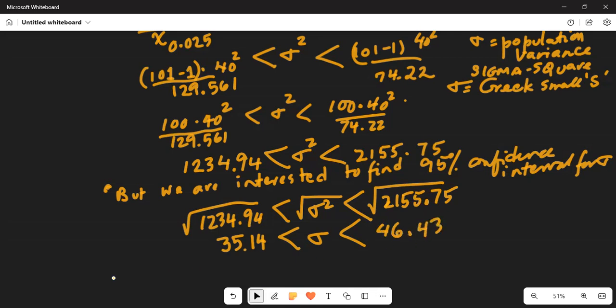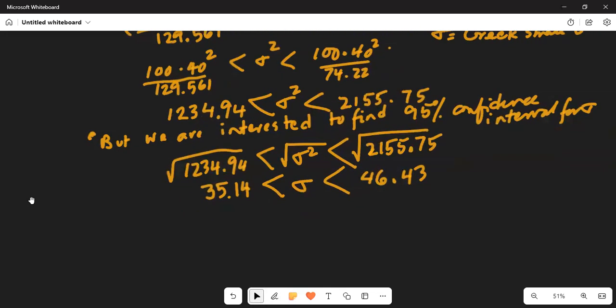So if I move this a little bit up, I can write the interpretation of this interval.